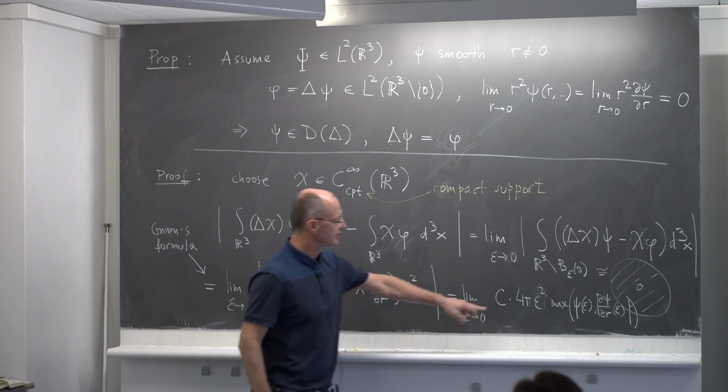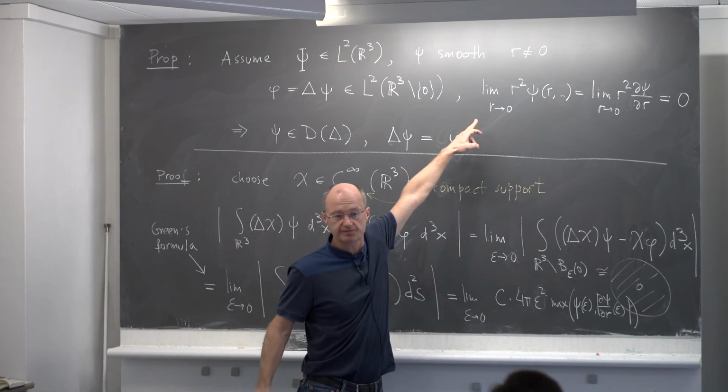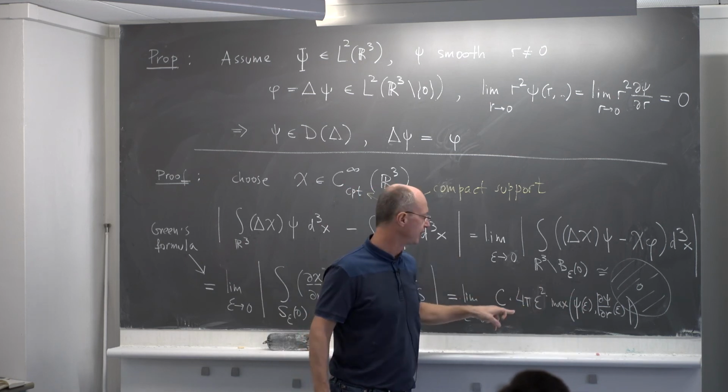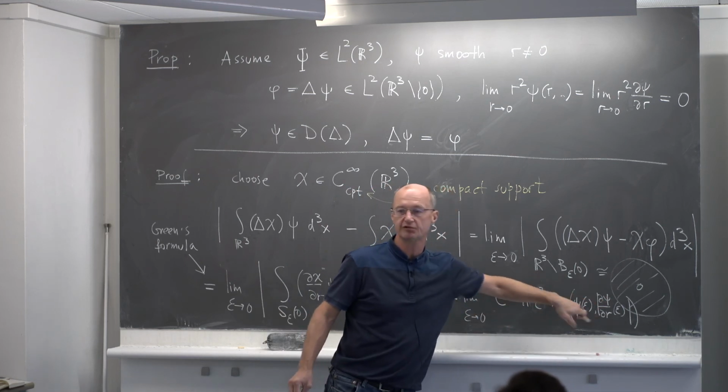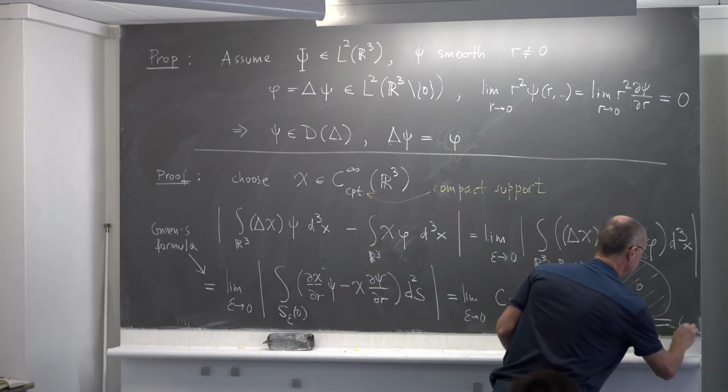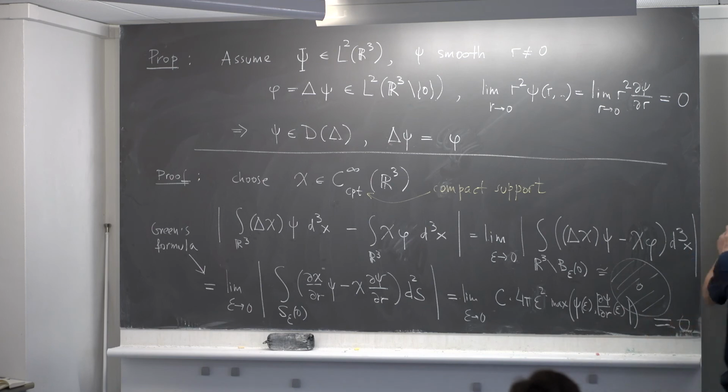So this limit is equal to 0 by those assumptions, right? So that's why we wanted r squared times psi of r and r squared times d psi over dr, for those things to vanish. So this is equal to 0.